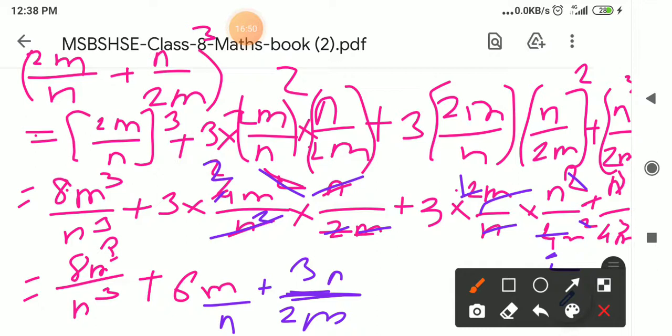Okay, and then last it is the n cube upon 2's cube is 8, 8m cube. Okay, so in this way we have to solve the example.